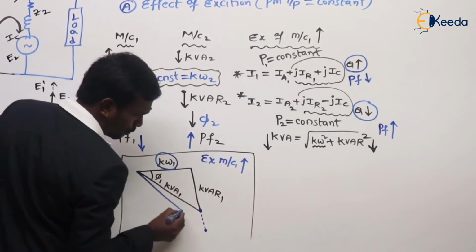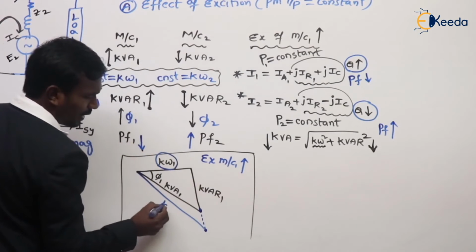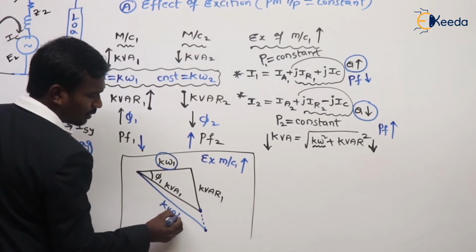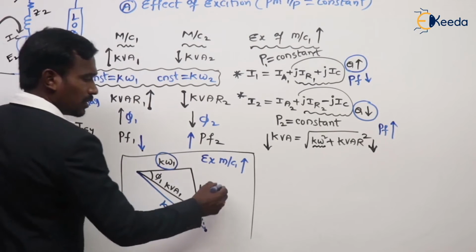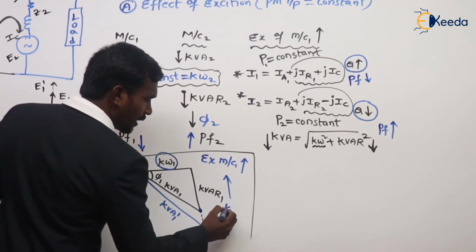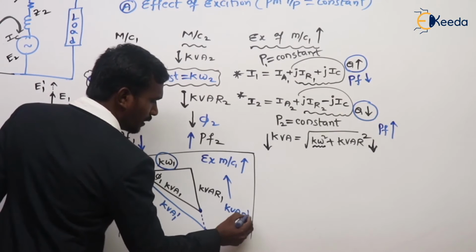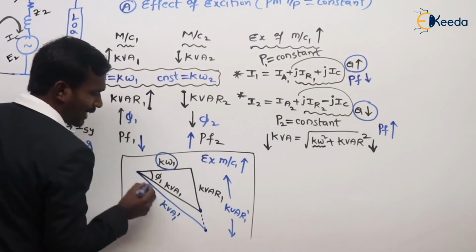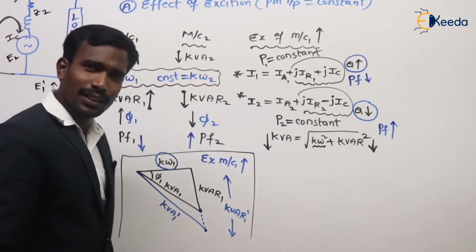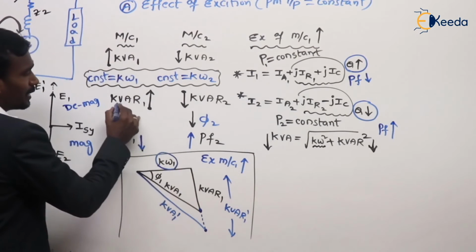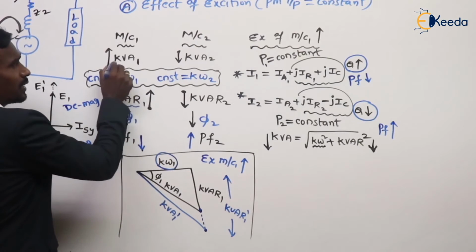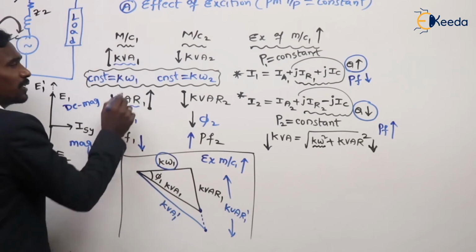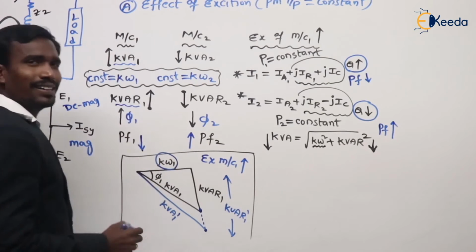What happened to kVA? kVA also increases. kVAR increases and kVA also increases. kVAR increases, I said you already. kVA increases, I said you already. kW constant, I gave you already.